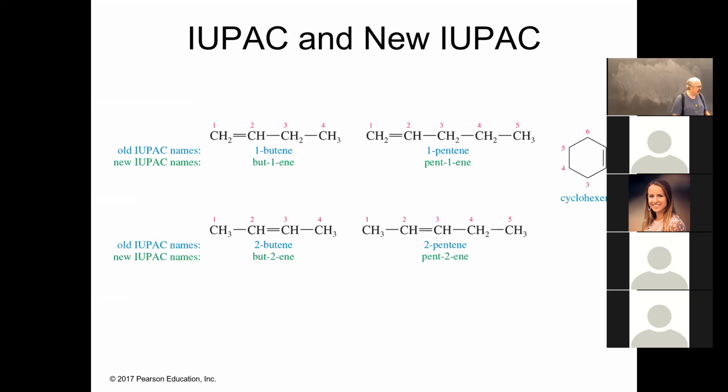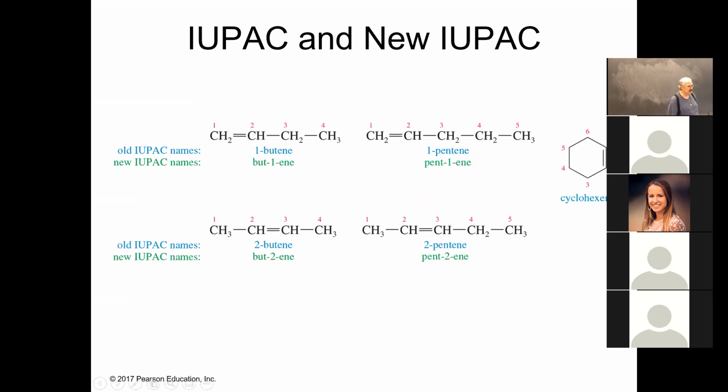This is the IUPAC nomenclature. As much as possible, I'm going to use the newer nomenclature. The position indicates the lower number of the double bond, so but-1-ene means that the double bond is between carbons 1 and 2.